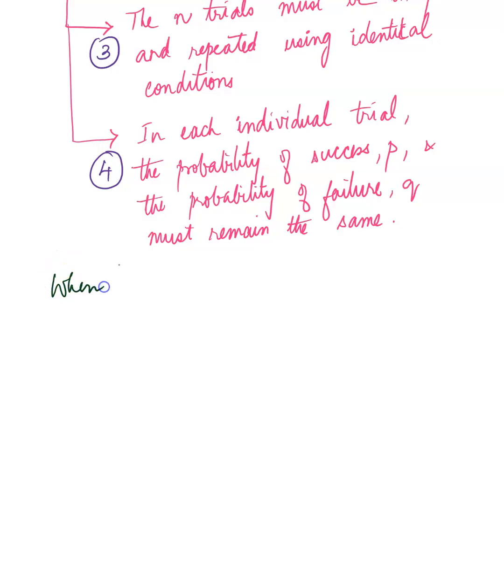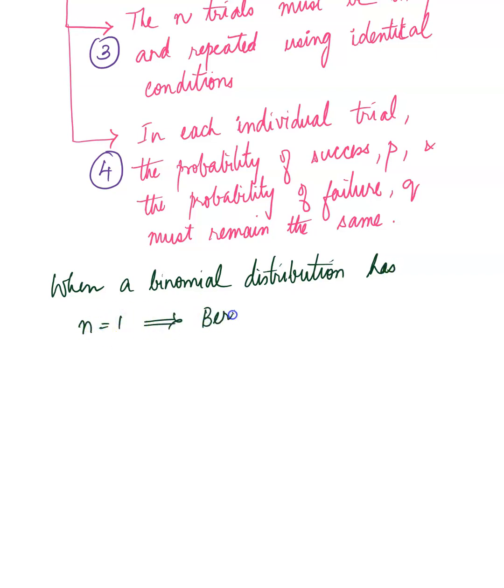Okay, when a binomial distribution has n equals 1, it implies we're talking about a Bernoulli trial. So it's just a side information for us, just something for us to know. But honestly, this is something you'll see in higher or advanced math and advanced statistics. So it's good to know that something like this is around.